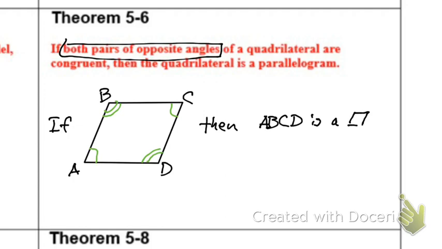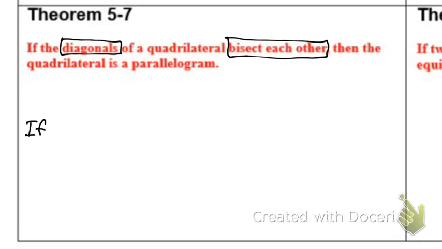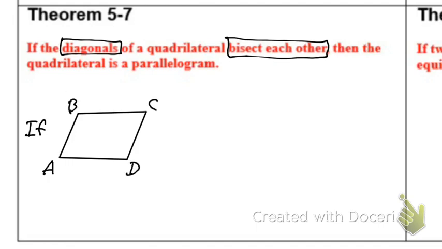All right, then we'll go to our last one. 5.7. This one's focusing on the diagonals. If the diagonals of a quadrilateral bisect each other, then the quadrilateral is in fact a parallelogram. So if you have a quadrilateral, we just know it's a quadrilateral right now, A, B, C, D, and you can slap some diagonals on that guy.